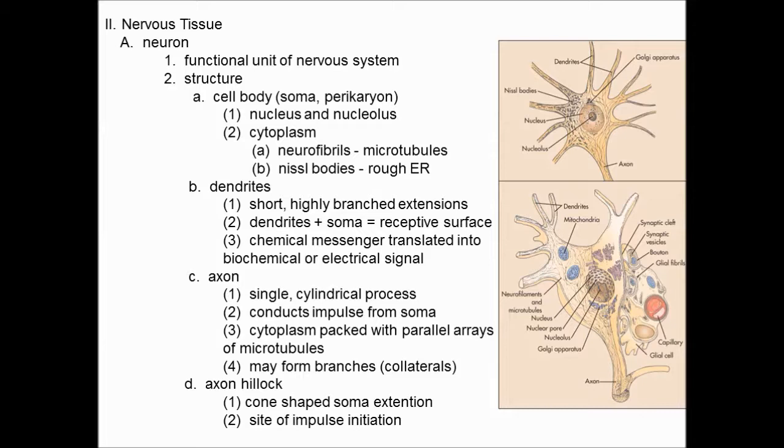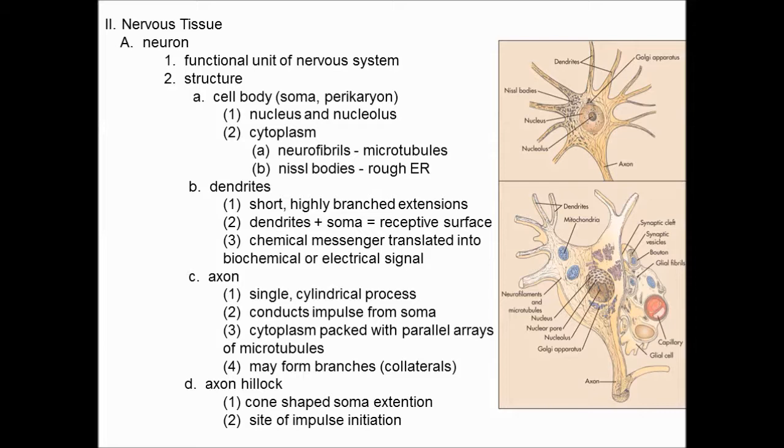And then the Nissl bodies, named after the histologist who discovered them by a stain, are essentially the ER of this cell. So it's essentially like any other cell, but it's unique in the type of integral proteins capable of generating action potentials and so forth, and it's an excitable cell.